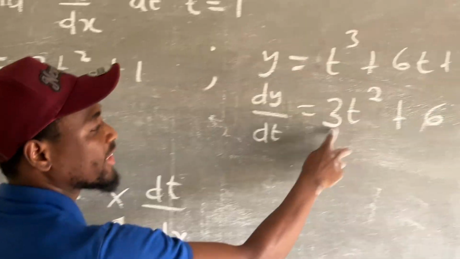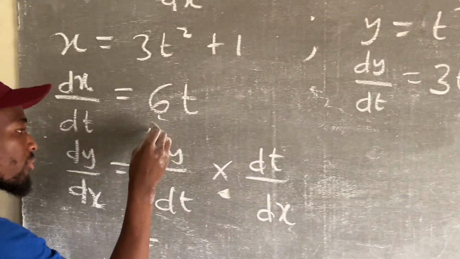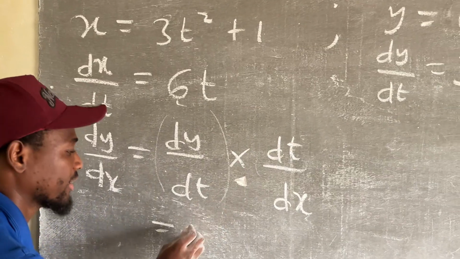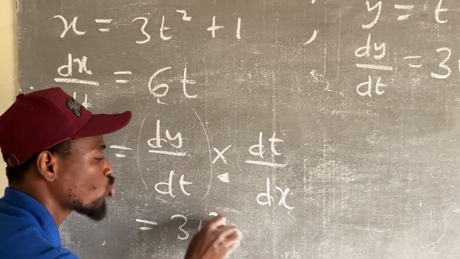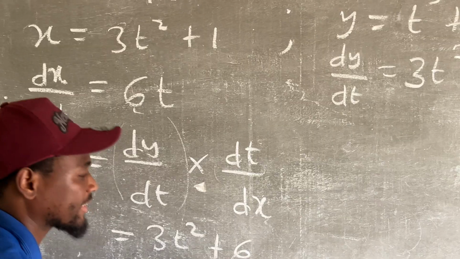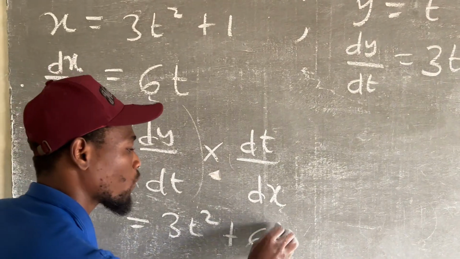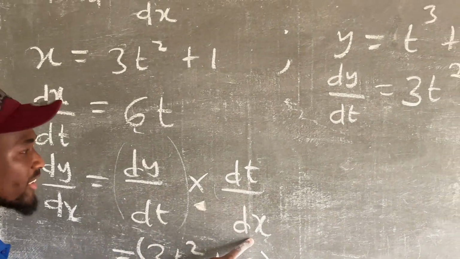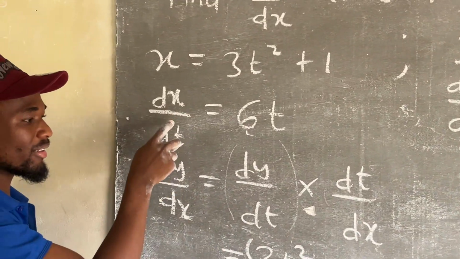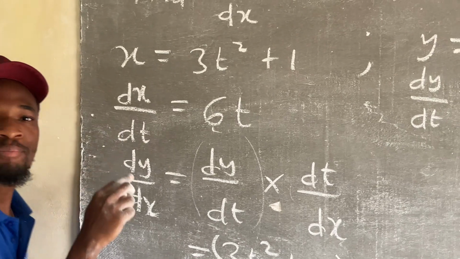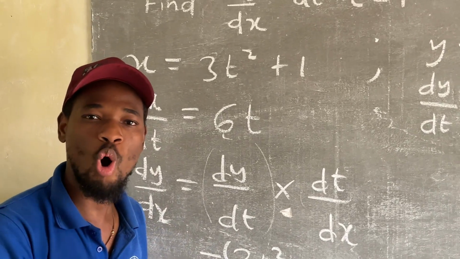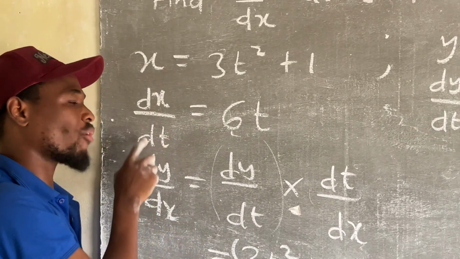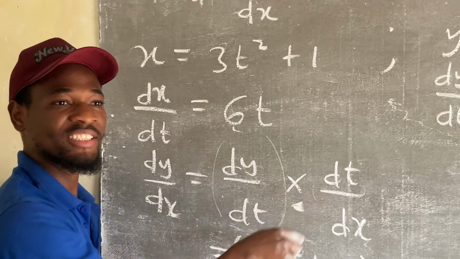So we have 3t squared plus 6, then times dt over dx. But viewers, look. The reciprocal of dx over dt is dt over dx.